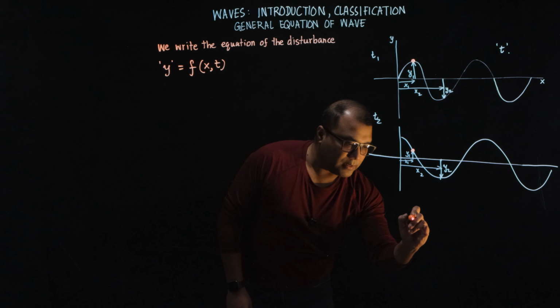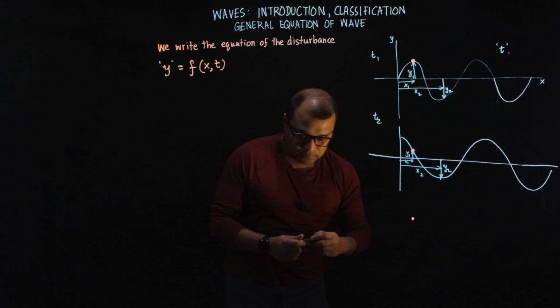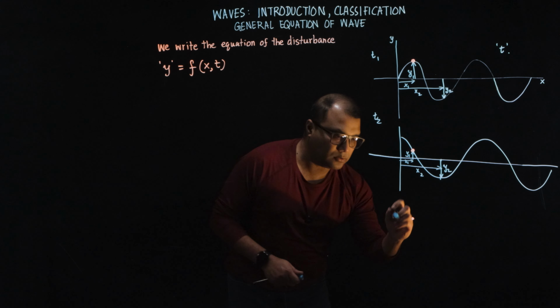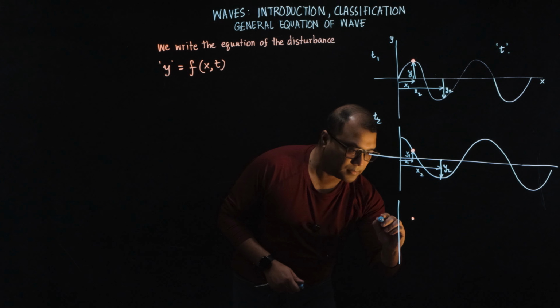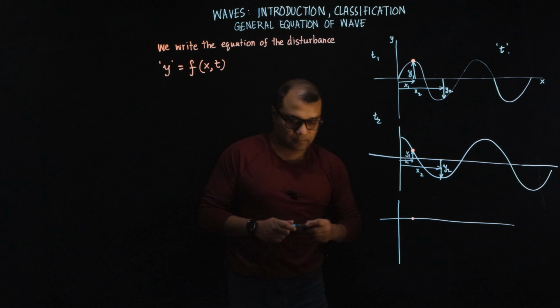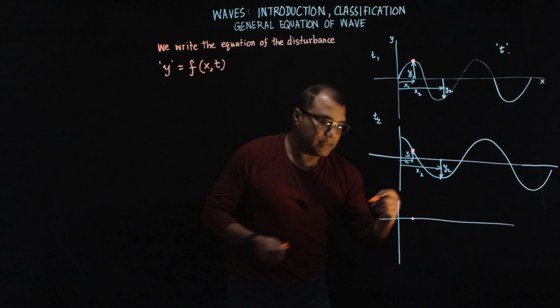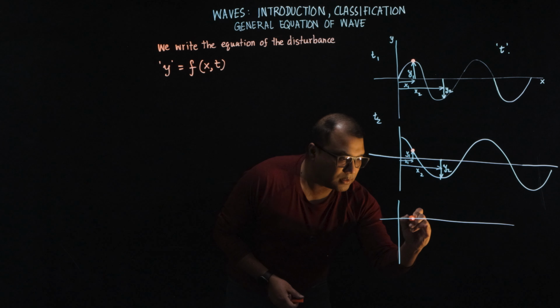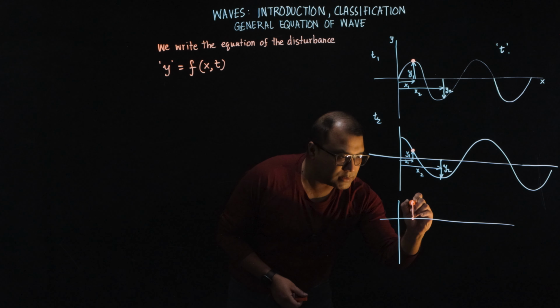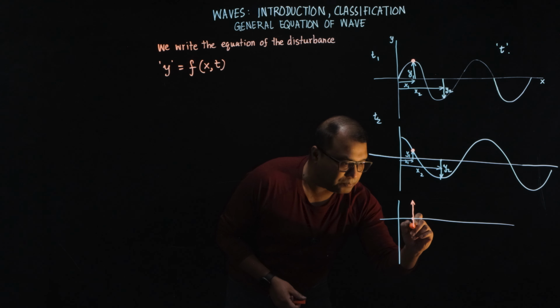Now, if I just focus on this particle, how is that particle moving? At some time, it was in the mean position. So, if I redraw the coordinates, okay, at some time it was at mean position, and then it started to move up. It reached a certain height, then it went down, came back to its mean position, reached a certain height here, and then it came back.